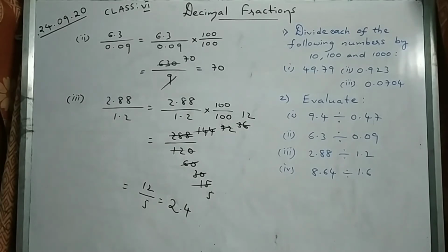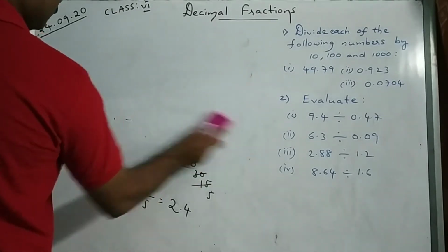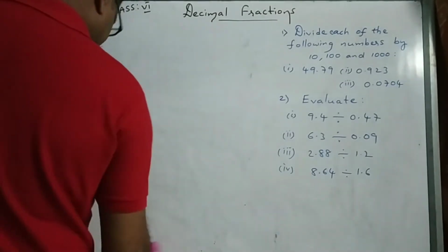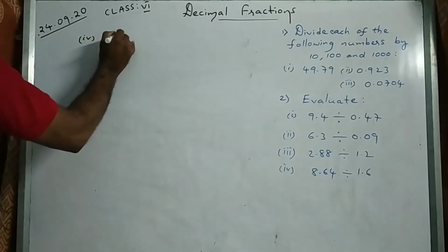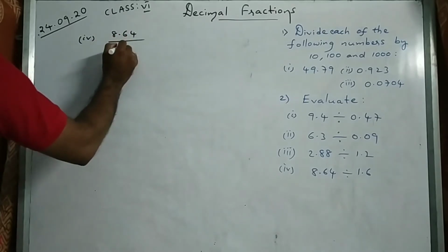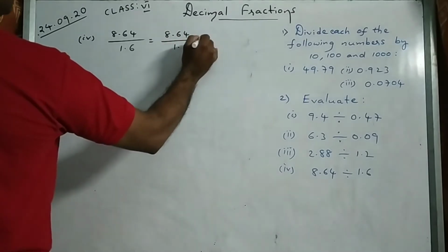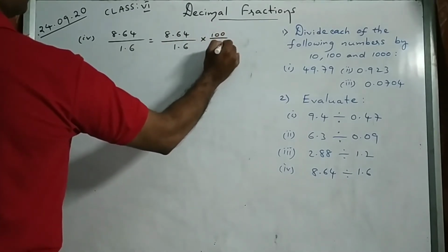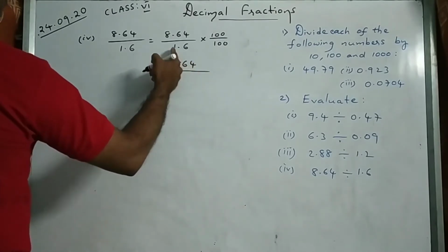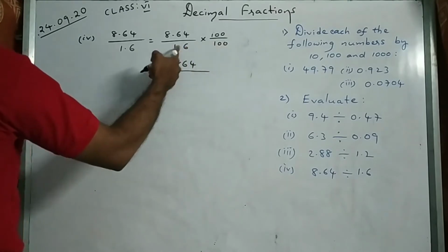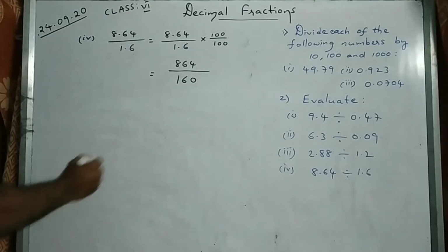Okay, next one we will see. Last one, fourth one: 8.64 by 1.6. 8.64 by 1.6 into 100 by 100. So this will be 864 upon 160. Here 2 digits are there, 2 zeros are there, here only 1 digit is there, so it will become 160.